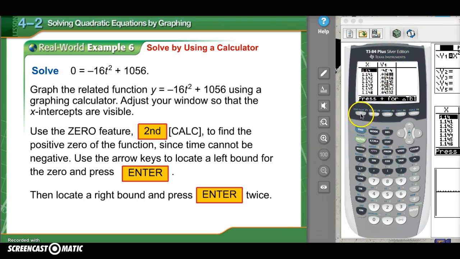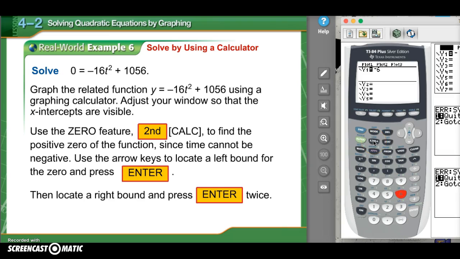Okay, so we're going to go to y equals, type in our function, negative 16, oops, make sure it says 16. You can't use t, you're just going to use x again, x squared plus 1056.